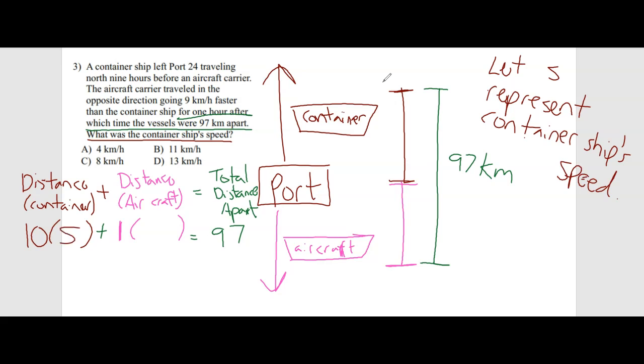So I'm going to put S inside parentheses here. Remember, to find the distance that something travels, you multiply the time that it travels by the speed. So 10 is the time, S represents the speed. Now for the speed of the aircraft carrier, we have to go back up and look here at the problem again. We are told that the aircraft carrier traveled in the opposite direction and it goes 9 kilometers per hour faster than the container ship. So 9 kilometers faster is just S plus 9.